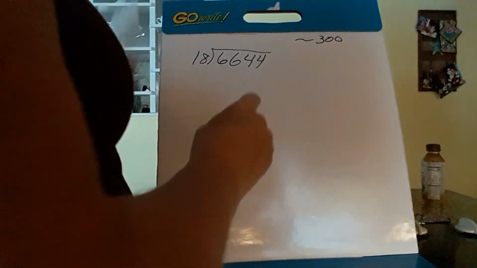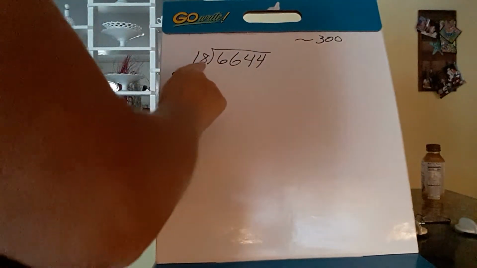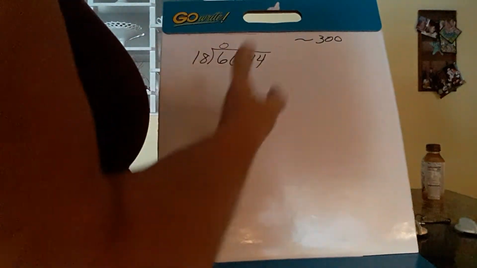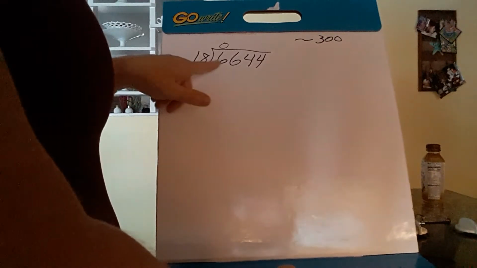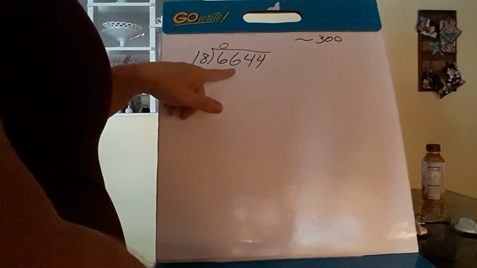So let me put that back up. 6,644 divided by 18. All right, let's look and see what we have. 18 will not go into 6, so you can put the placeholder of 0 or just leave it blank. That's up to you. But it will go into 66. And let's do that estimate. 20 goes into 60 how many times?